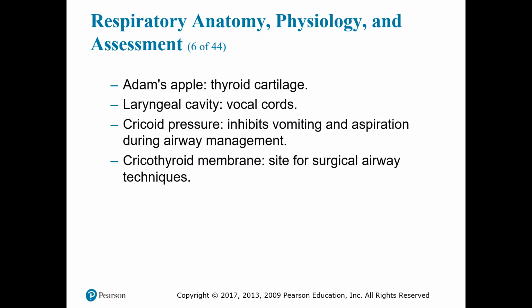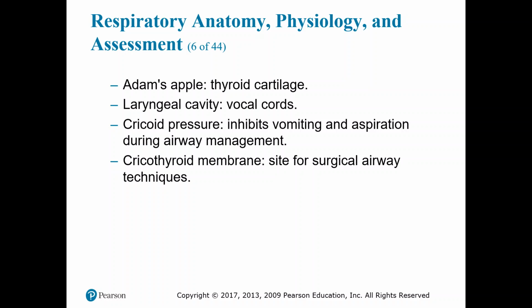The esophagus lies behind the cricoid cartilage, so pressure applied in a posterior direction to the cricoid cartilage is thought to occlude the esophagus, otherwise known as cricoid pressure, thus inhibiting vomiting and subsequent aspiration during airway management.